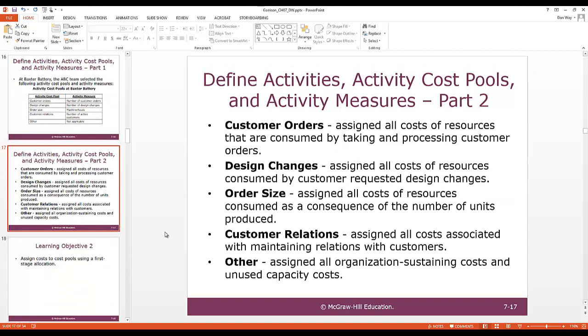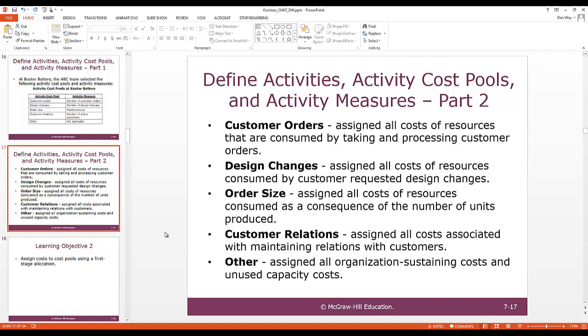So a quick look again at our cost pools. Customer orders, we're going to assign all the costs of resources that are consumed by that process of taking and putting together customer orders. Design changes, we're going to dump into that cost pool all the costs consumed by customer requested design changes.